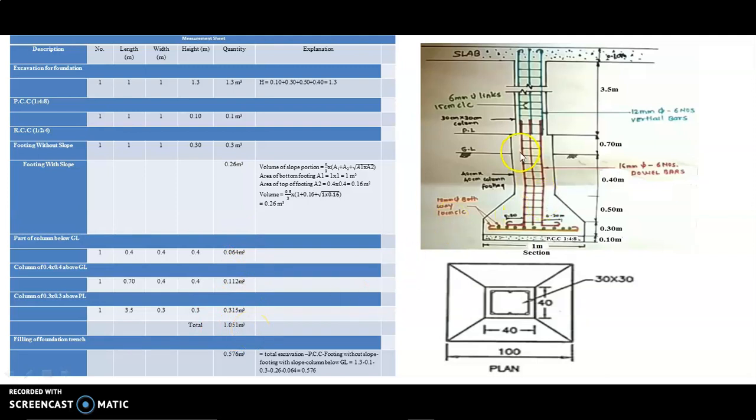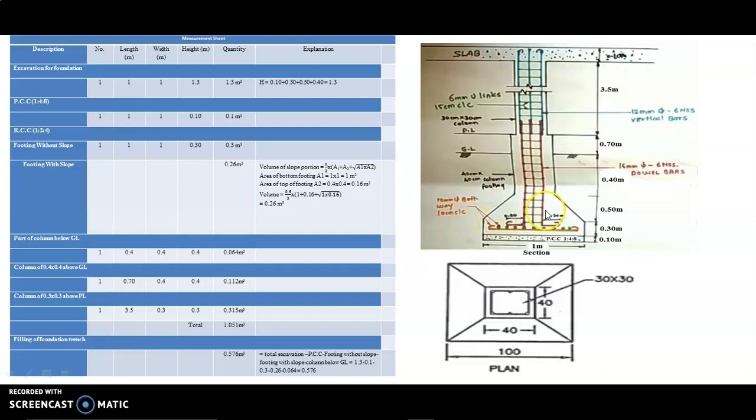Now you see this part we have to fill. So for filling this, we have to calculate the quantity. How do we calculate it? We take the total excavation minus RCC footing without slope minus footing with slope minus column below ground level.